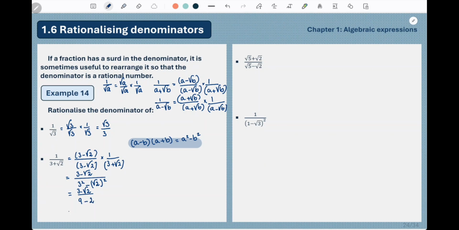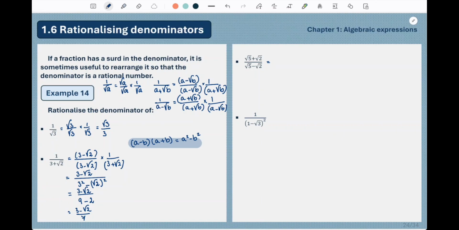Okay, that is 3 minus square root of 2 over 7. See, it's easy. There is another way to do it, like you can just expand as normal, but this is kind of like a shortcut. You must know this for your A levels because you won't have so much time in your exam to be doing all the expansion, addition, whatever.